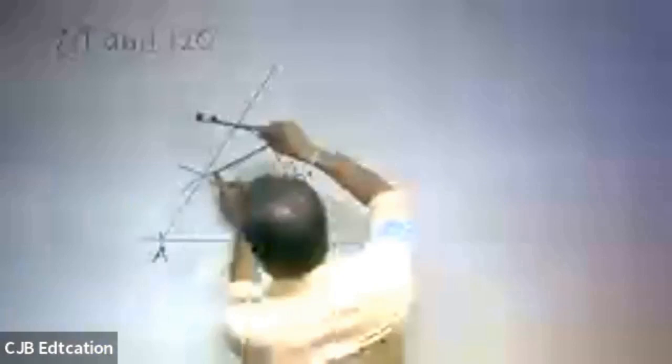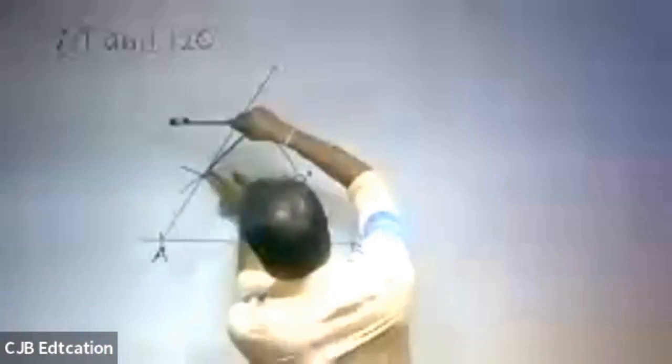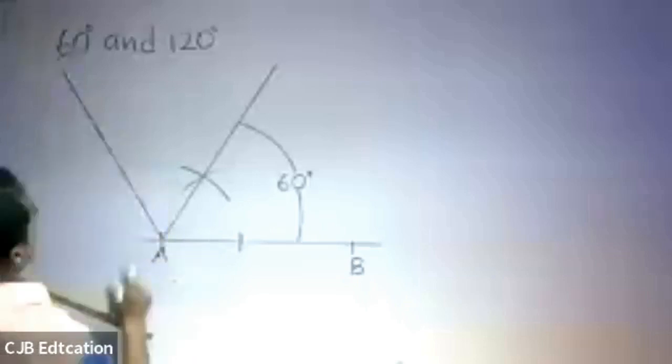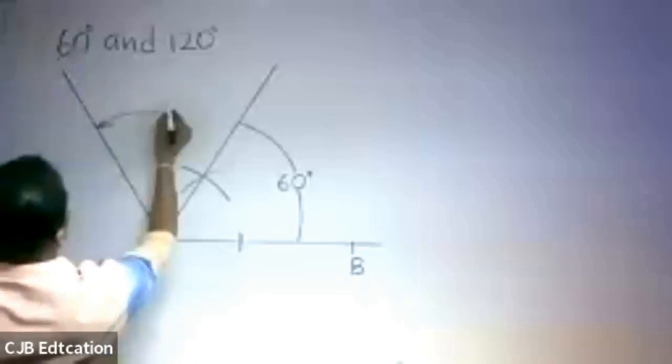Keep it on that intersection and draw another arc on the drawn arc. In this way, there you can see two 60s are there. This is also 60 degrees.